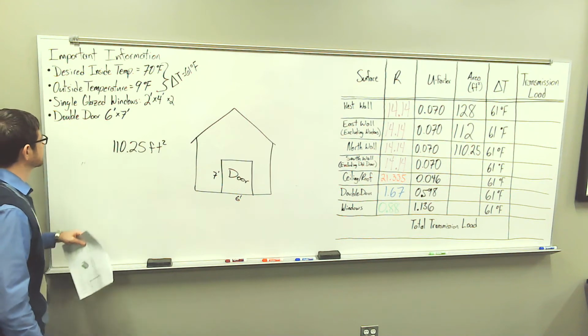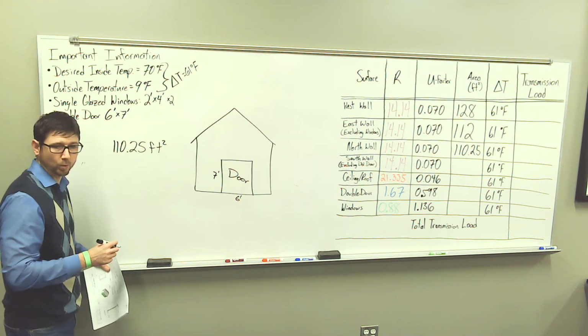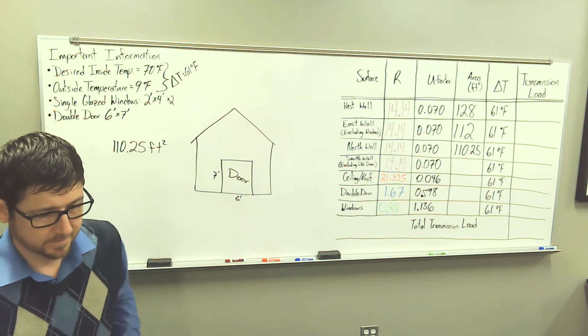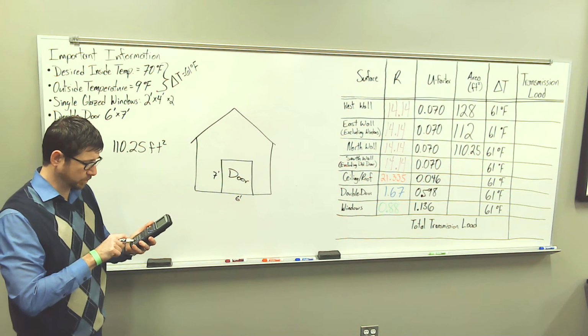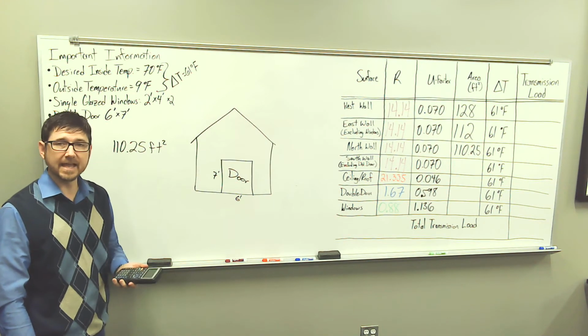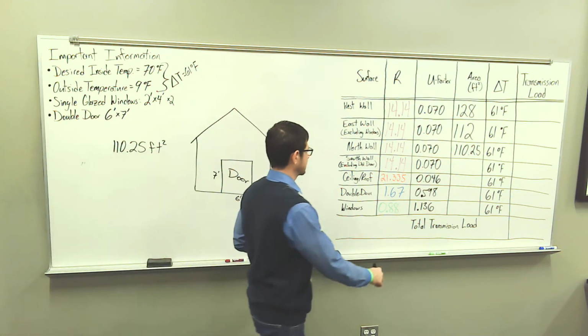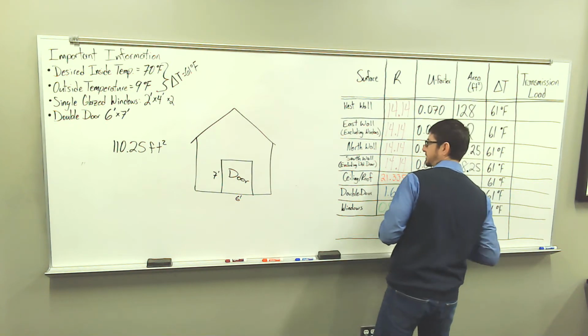And so that's going to be 42 square feet. So we're going to subtract 42. So 110.25 minus 42, that's going to give me 68.25.